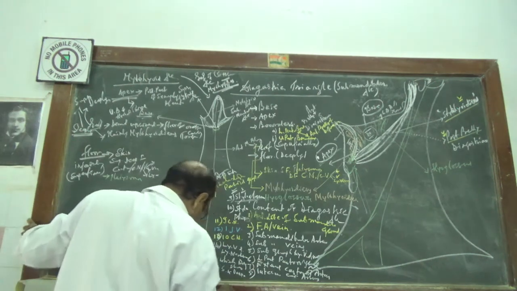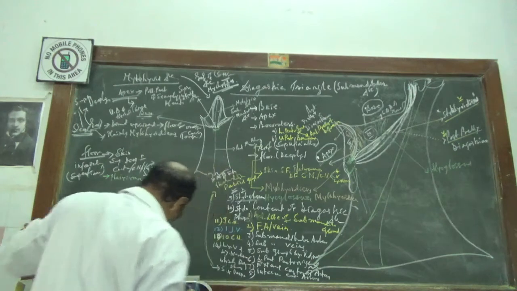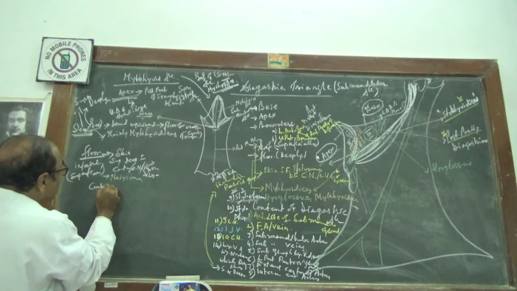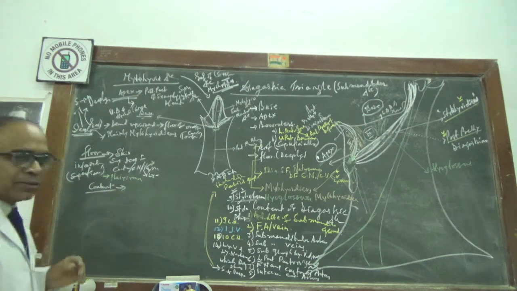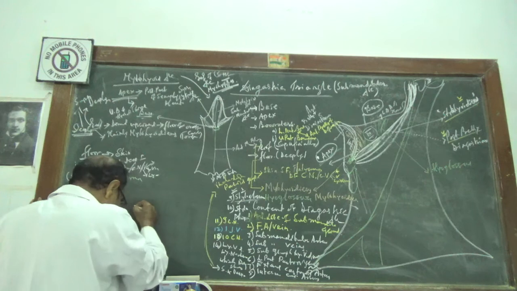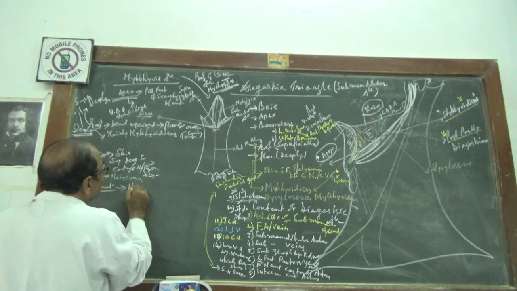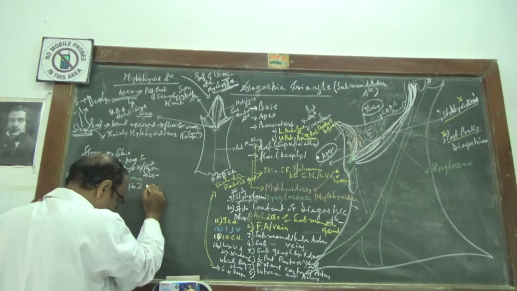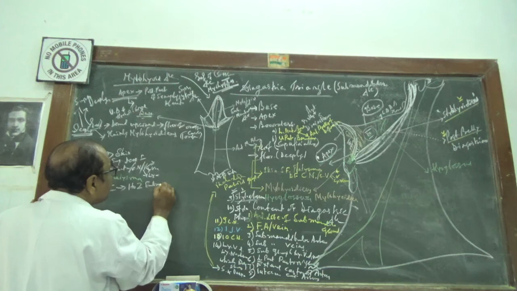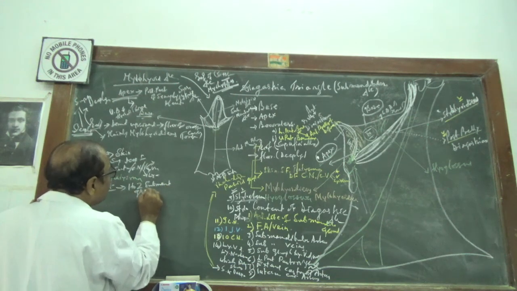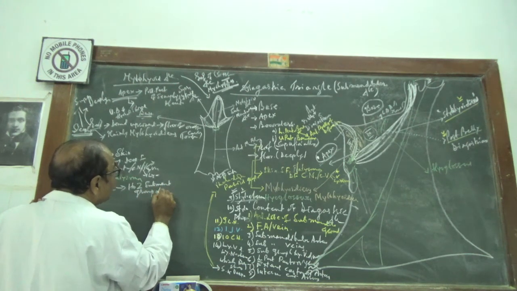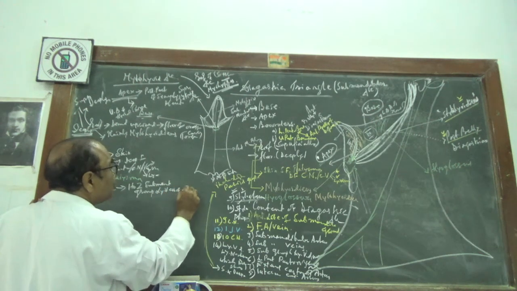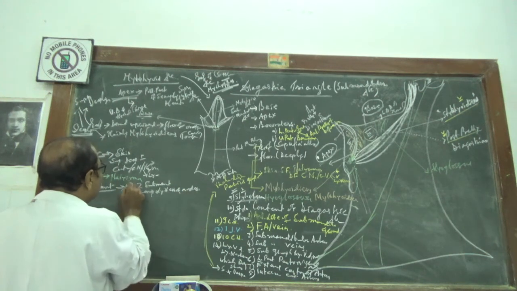Now the contents. In this mylohyoid, you will have only a few. First, one to two submental group of lymph vessels and nodes.